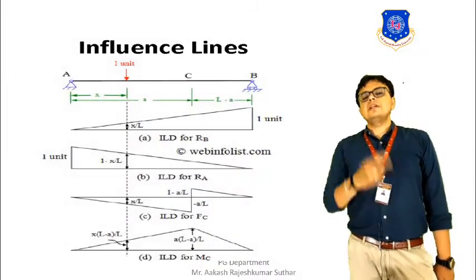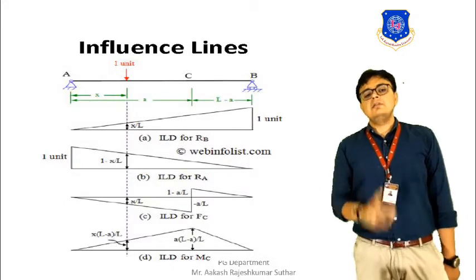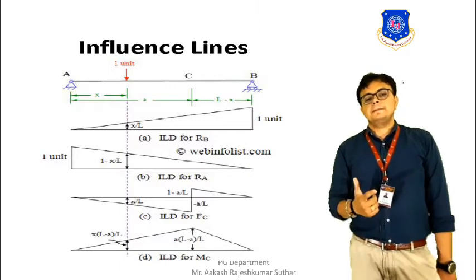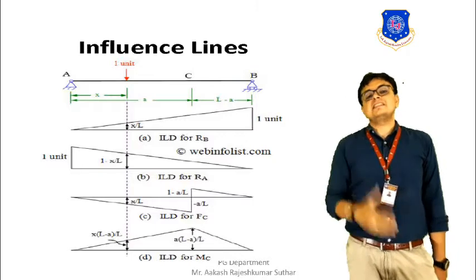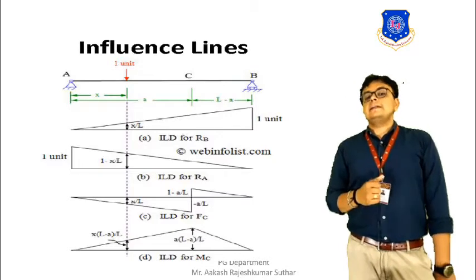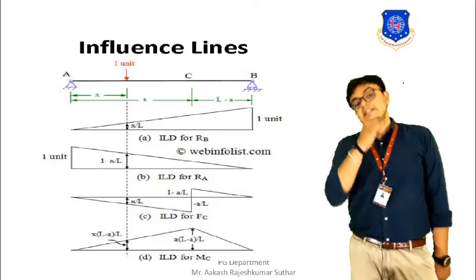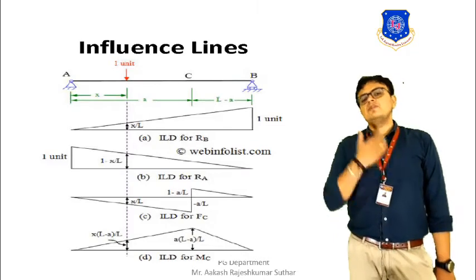Okay, you can see over here the influence line. Here we have two simple supports at A and B. The unit load is acting at some distance x from A, and there is also a point C at which we need the shear force and bending moment. So we have to find that.